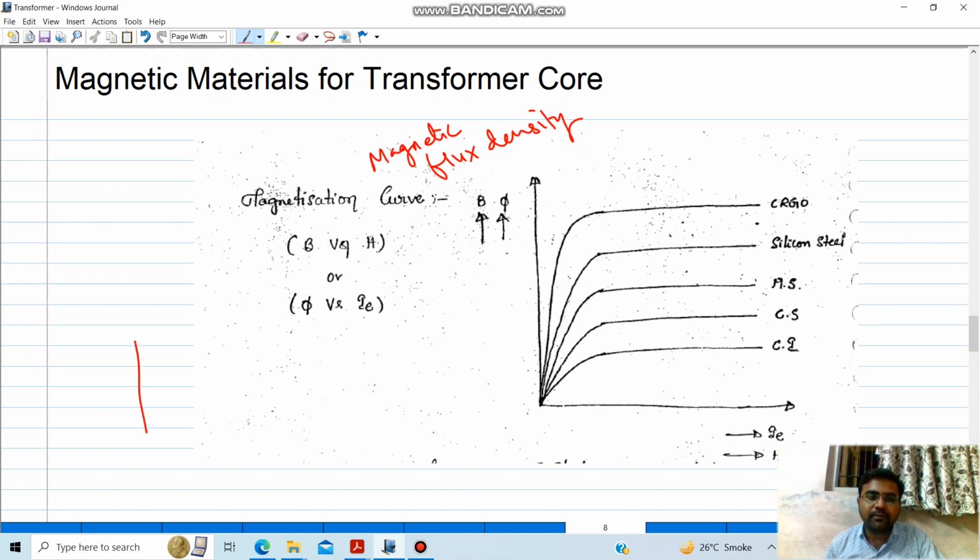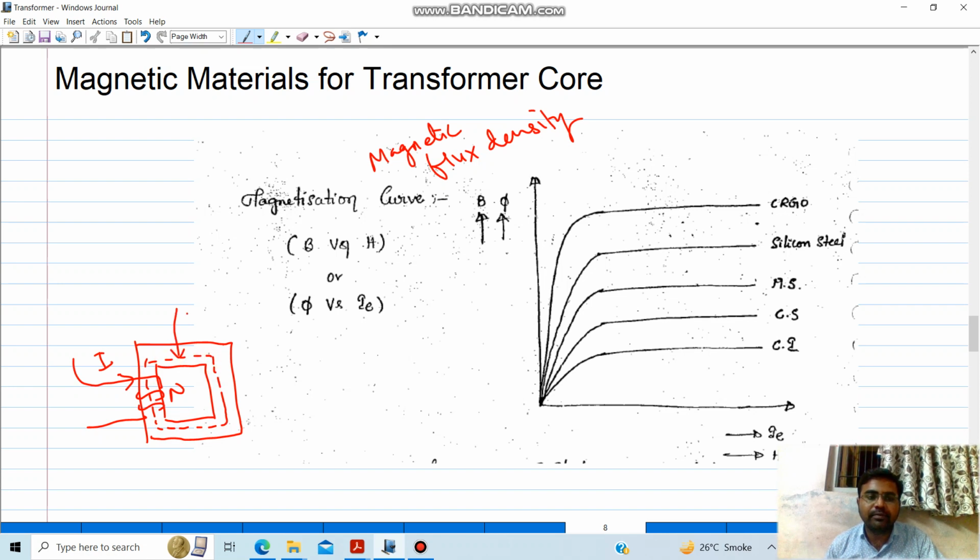So it means, let's say you have a core, and you are taking N number of turns here and some current I is flowing through this core, and this L is the magnetic path length.